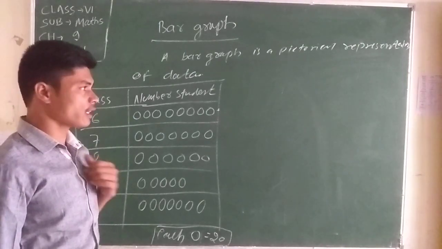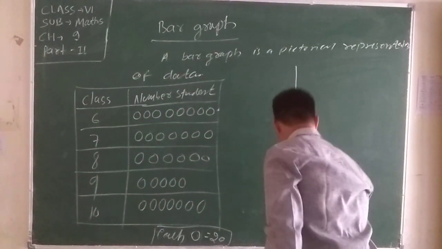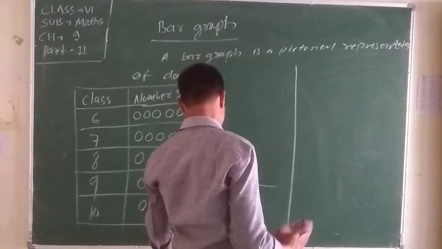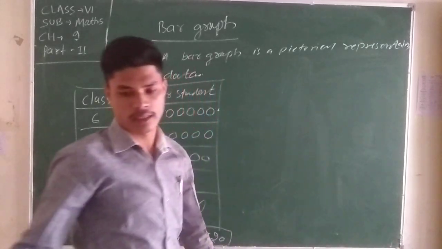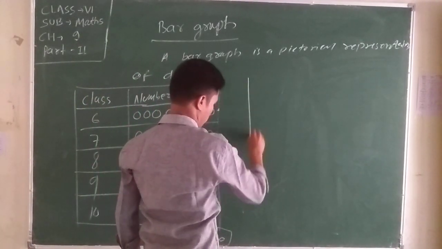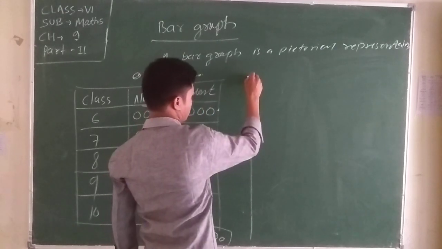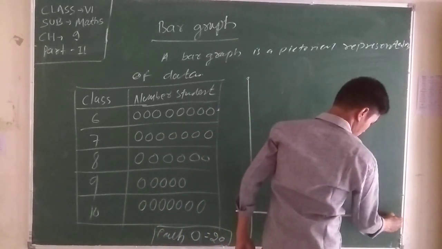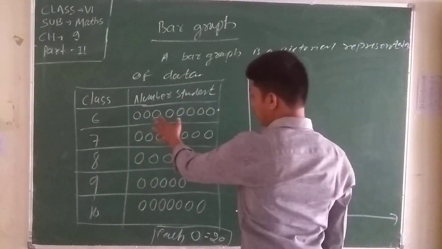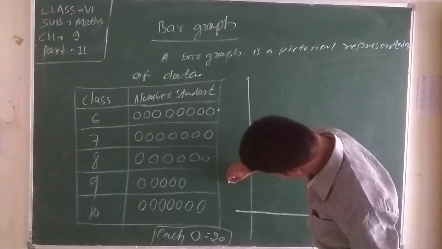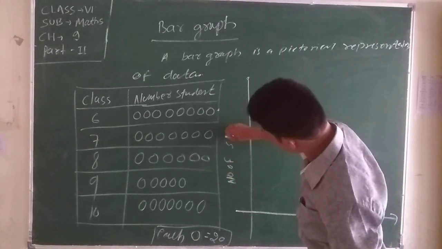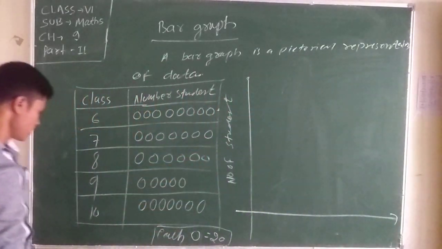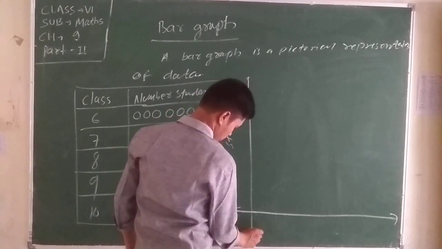And how can we represent the bar graph? We draw the x-axis here and the y-axis on this side. We take two axes here. This side we take number of students, and this side we take class.